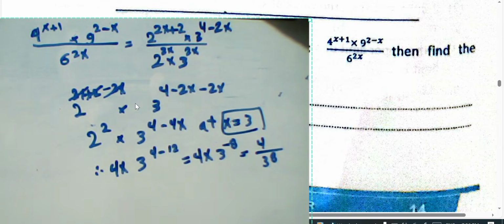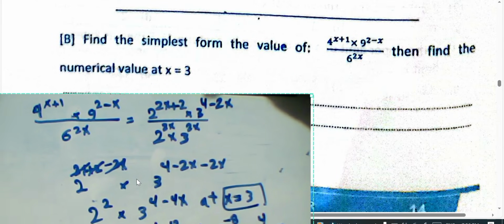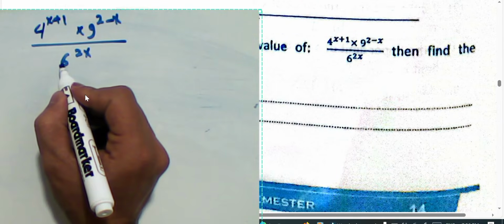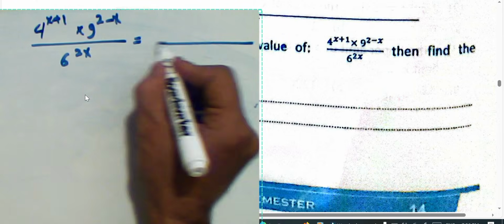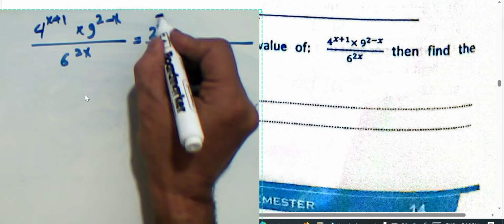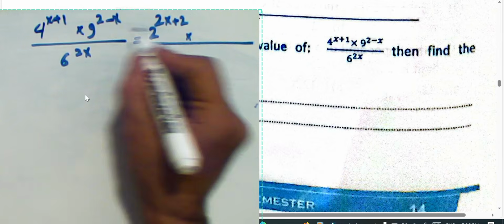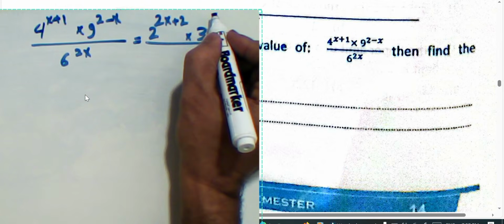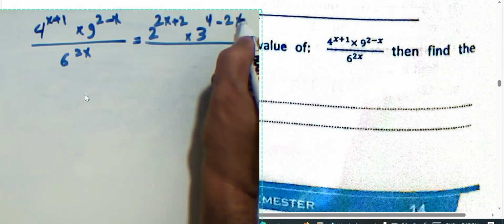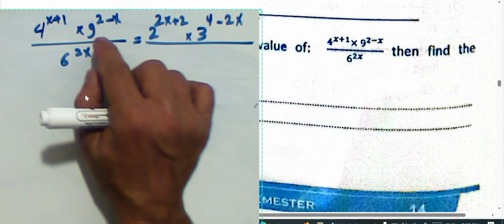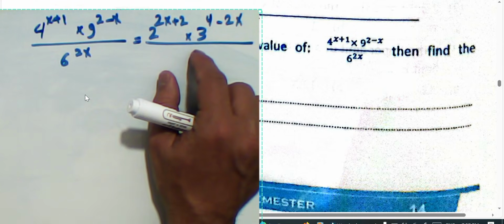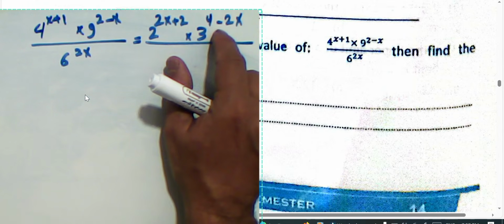Okay, by the power 2x, you can write here 4 equals 2 power 2, 2 times x equals 2x plus 2 times 9 equals 3 power 2, 2 times 2 is 4, subtract 2x over.